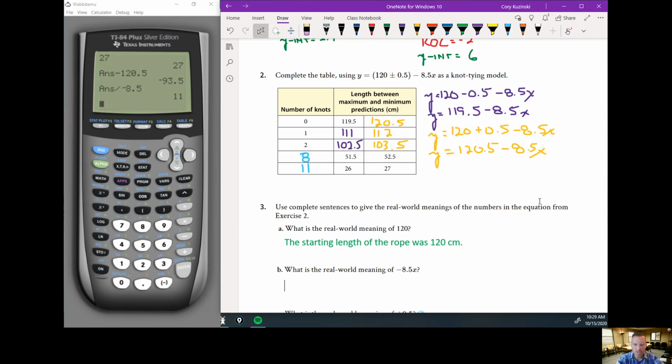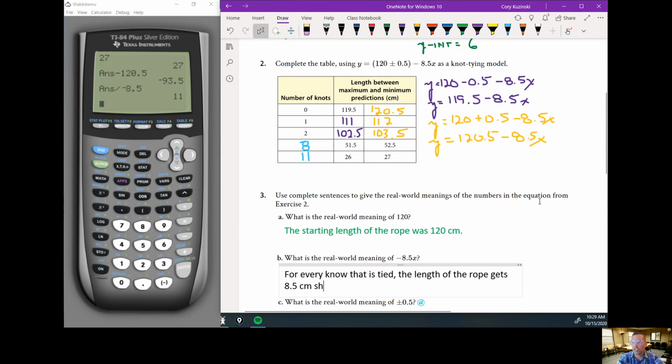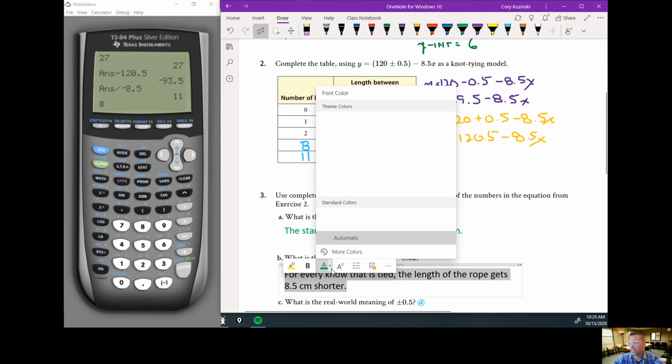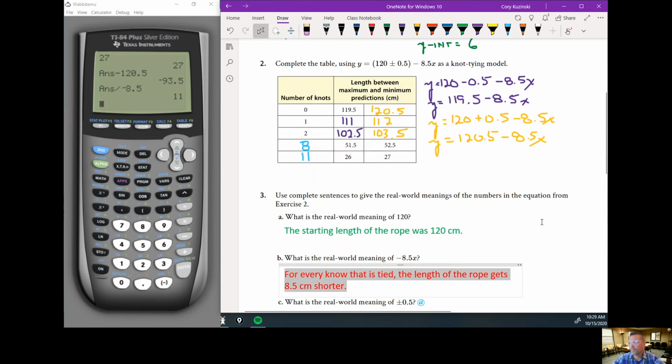I'm going to say for every knot that is tied, the length of the rope is 8.5 centimeters shorter. The negative sign tells me that it's getting shorter. So I'm going to put that in red because that's my rate of change.